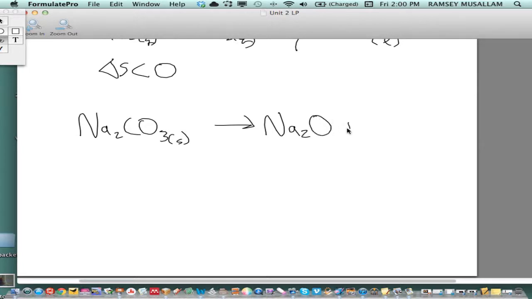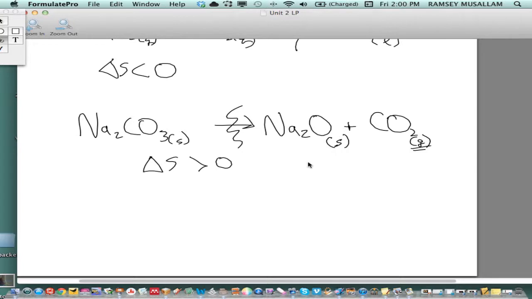Sodium carbonate and what else? So what do you think the sign of delta S of this reaction is? Why is it positive? It forms a gas. There are more gases on the product side. So this reaction gets messy.